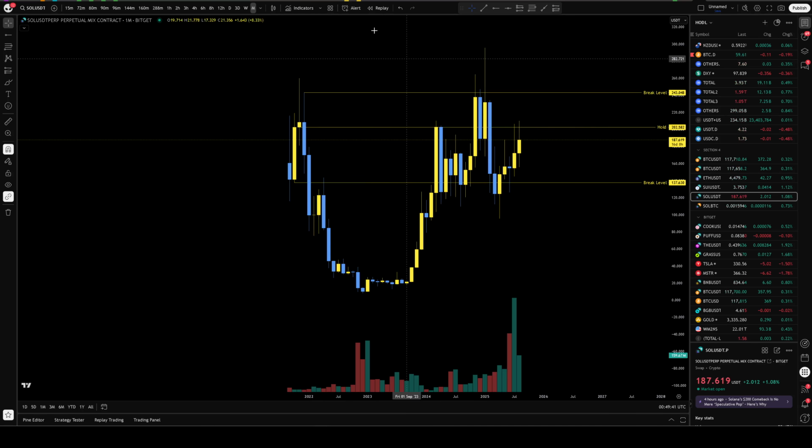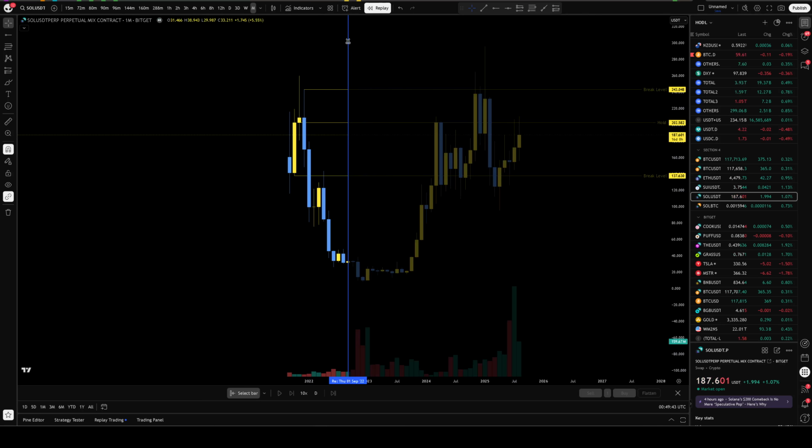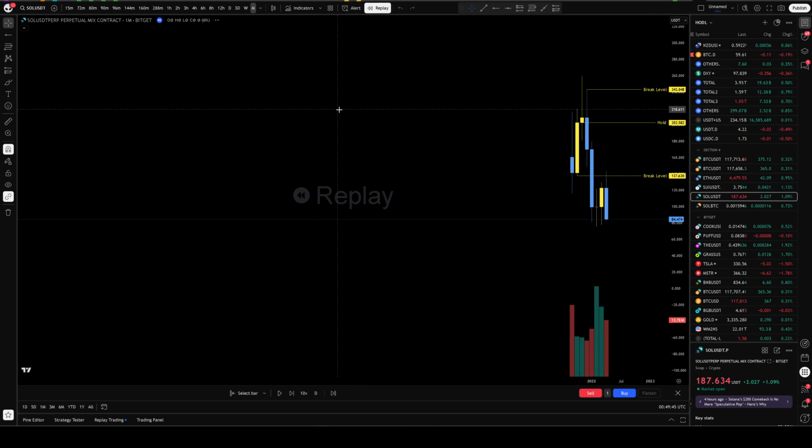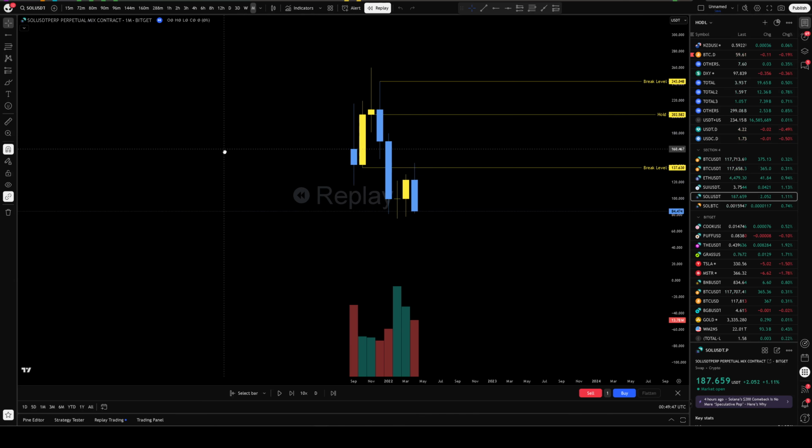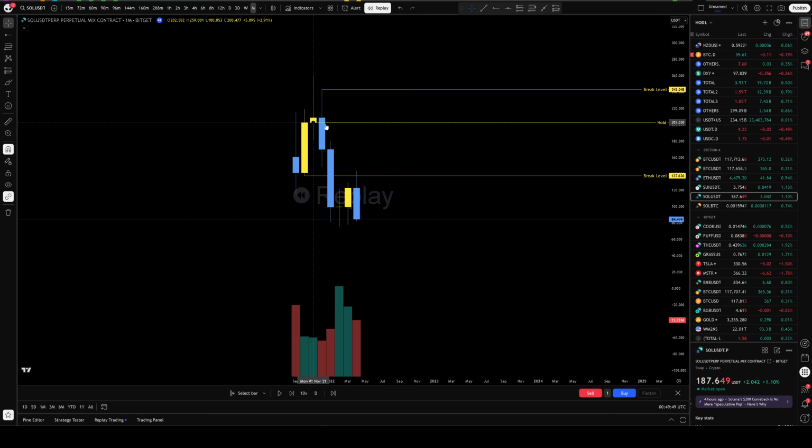So if we take that back and you think about extreme patience, we create this resistance up here. We have support that we tried to have here, and we lose that support when we hard close this candle.